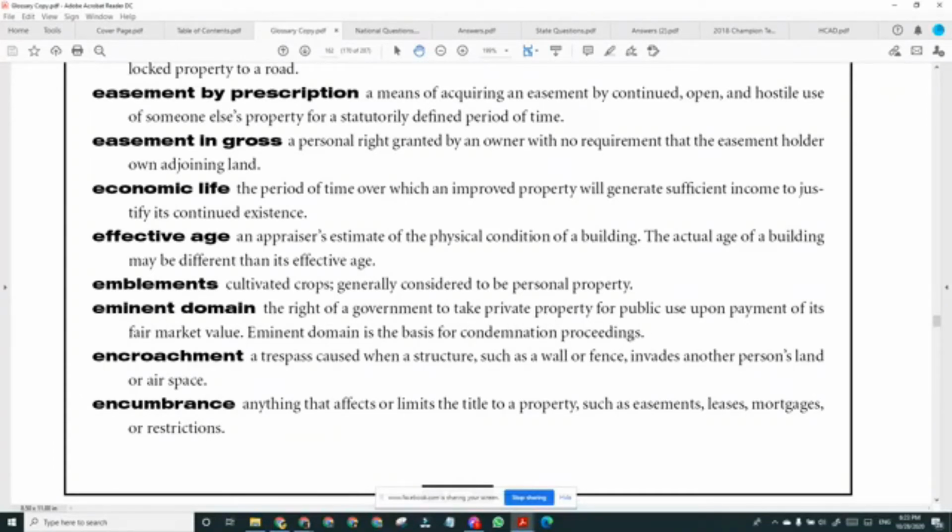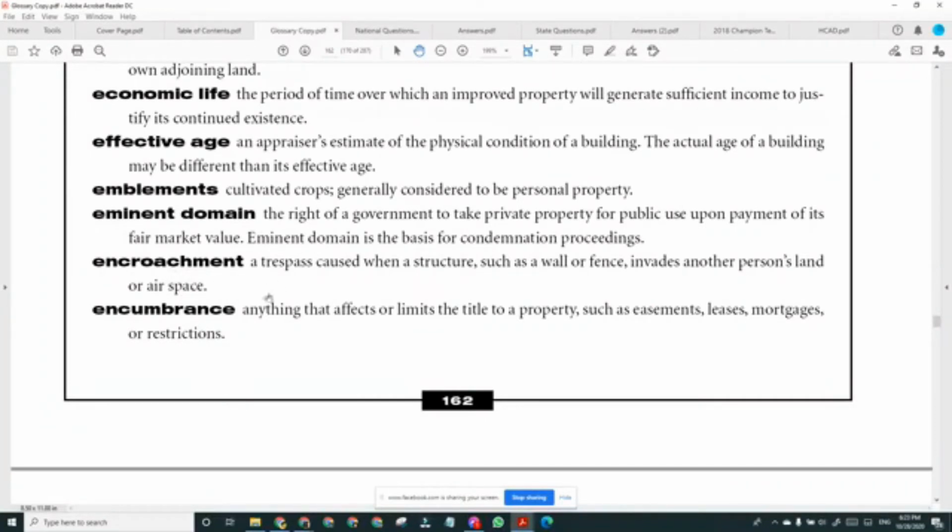So it has to be taken to court in order to make that active. So the right is eminent domain. The action to go to court and take possession of the property once they make an offer that's agreed upon is called condemnation. Now those two are tied together.